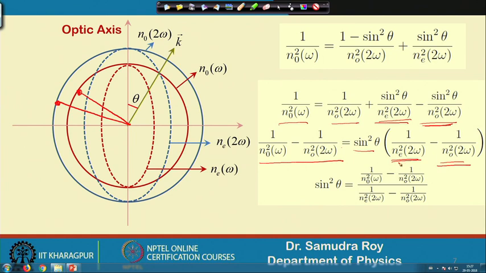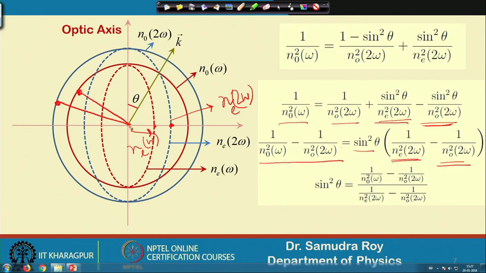n_e of 2 omega is which value? At this point and at this point these values are different. So, I am basically talking about this amount, this is basically n_e of 2 omega, and this amount from here to here is basically n_e of omega.